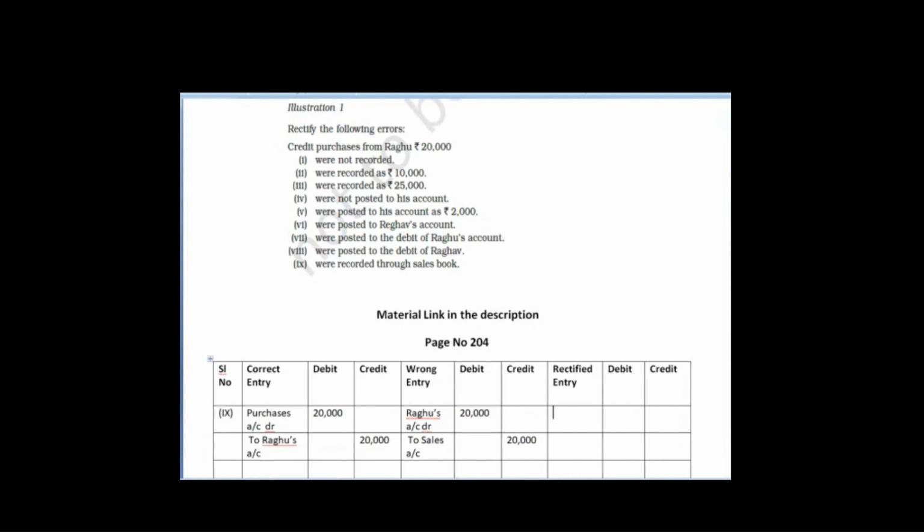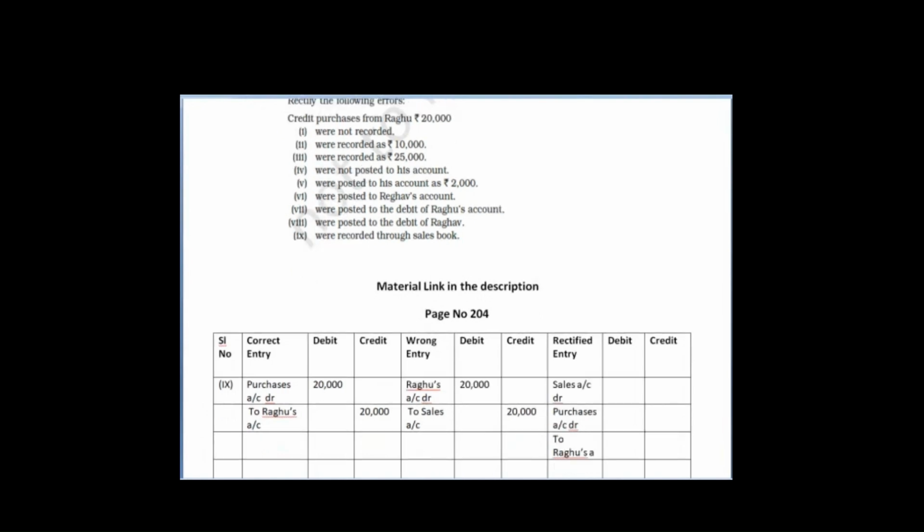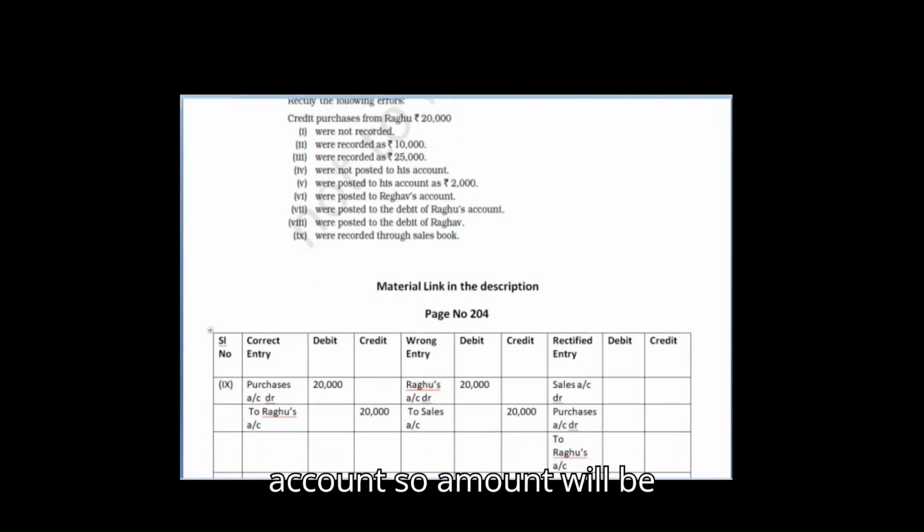So sales account will be debited, purchases account debited to Raghu's account. So the amount will be 40,000: 20,000 for reversing the sales amount and 20,000 for the actual purchases.